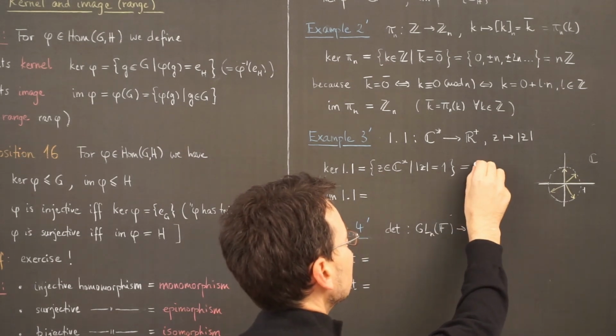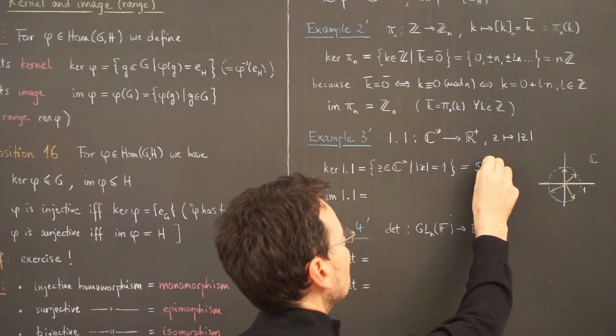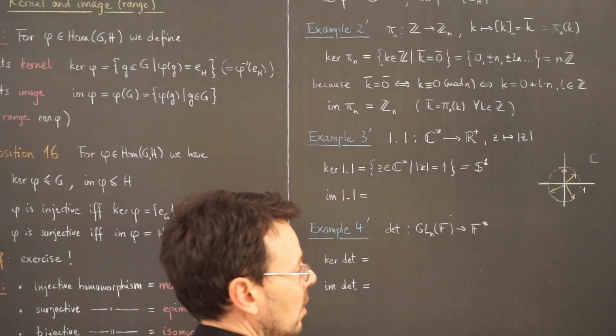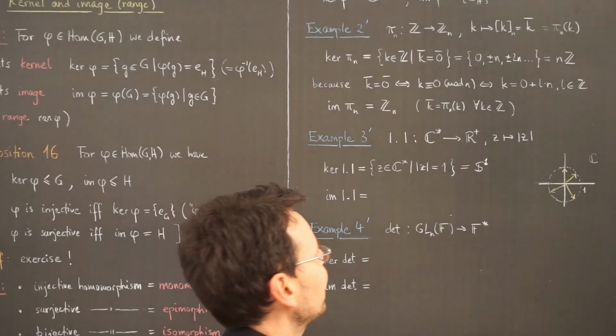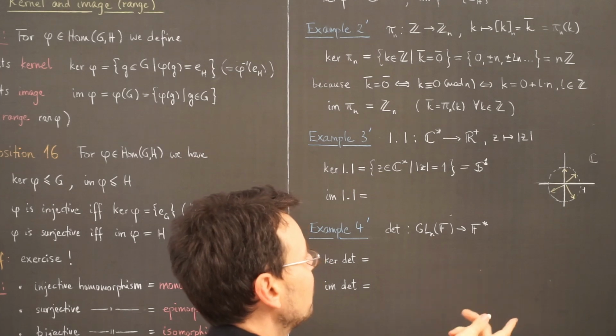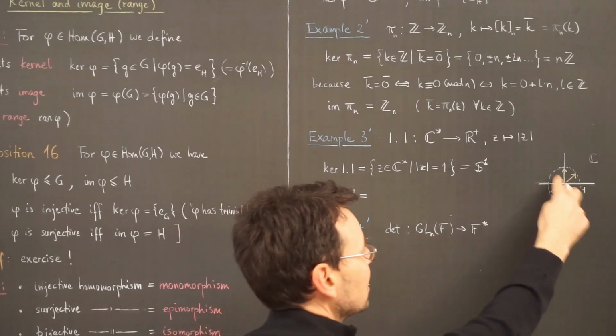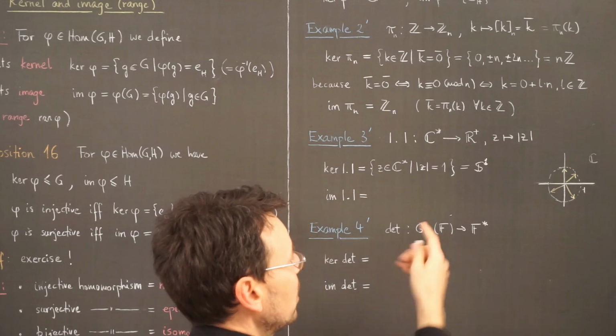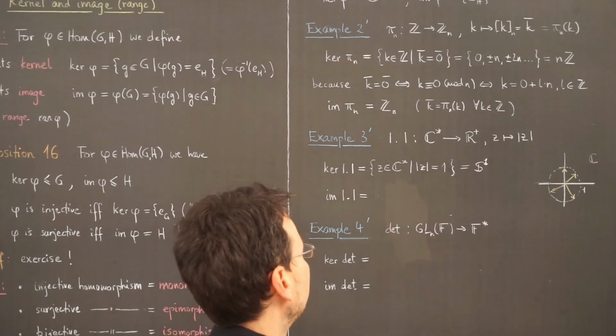So this is sometimes written as 1, the unit sphere in the complex numbers. This is the kernel, so clearly this is not an injective map, so no monomorphism, because all these complex arrows here have length 1, so they all get mapped to 1.